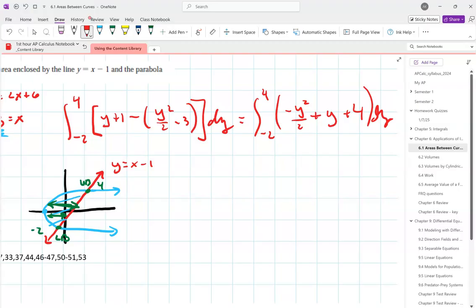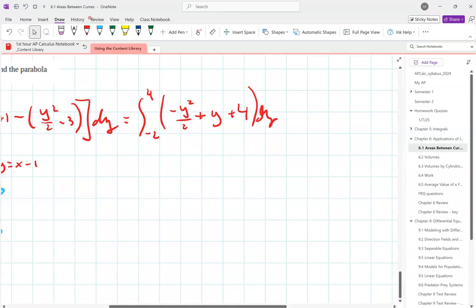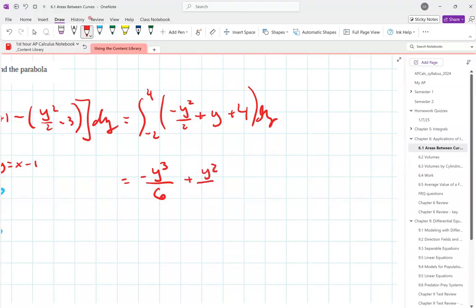I just combine some like terms. So far, so good. And it's easy from here, right? We're just plugging in and evaluating the rest of the way.